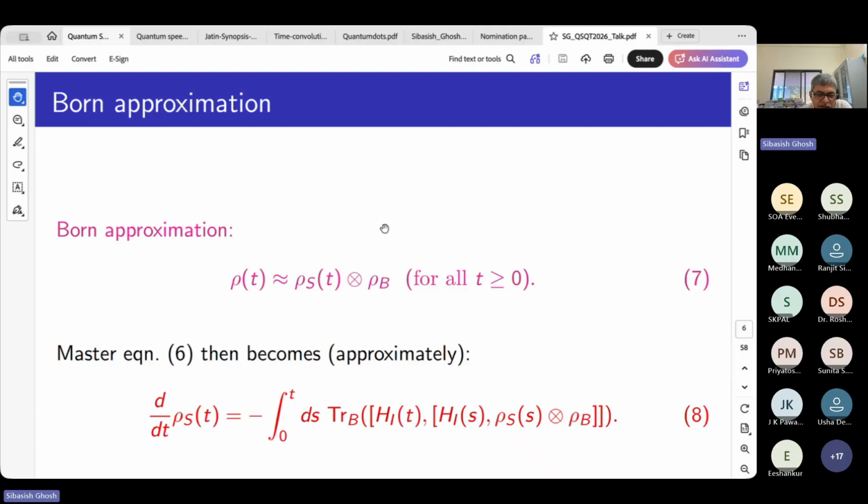It means that the interaction with the bath is so weak that it does not create any correlation between the system degrees of freedom and bath degrees of freedom. So this is your Born approximation.